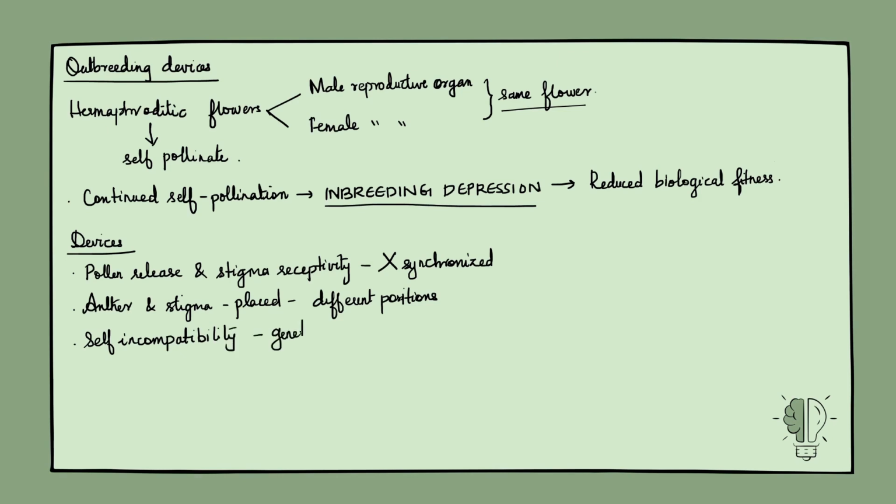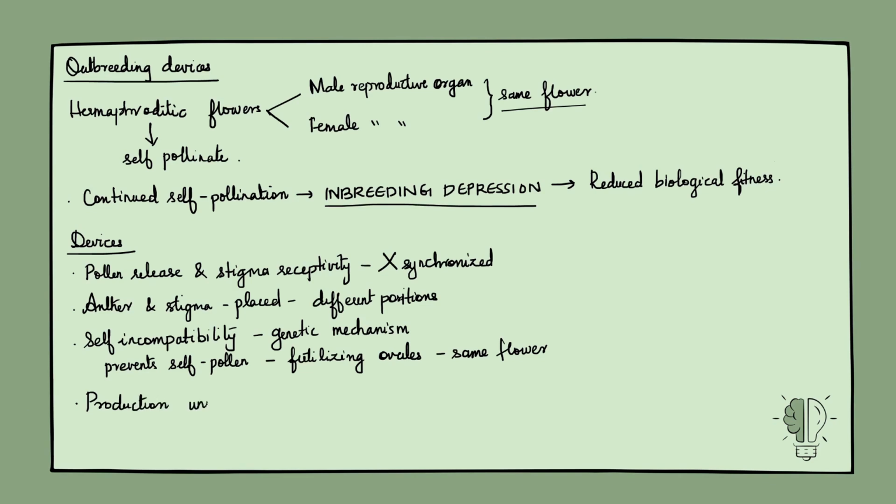This is a genetic mechanism that prevents self-pollen from fertilizing the ovules of the same flower. And the fourth device is the production of unisexual flowers, so that it increases the cross-pollination.